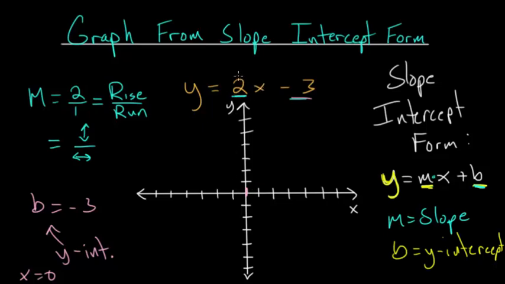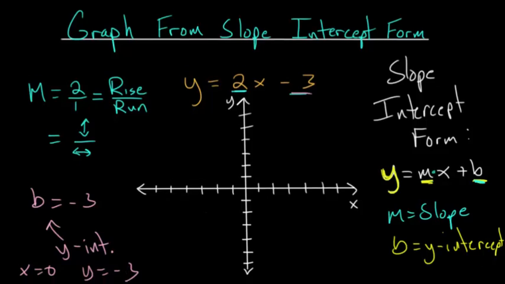And when you plug in 0 here, this just goes away. So you get whatever this number is at the end of the equation. So we know the y-intercept is at negative 3, because when we plug in x equals 0, we get back negative 3. And that's what we're going to start with first.